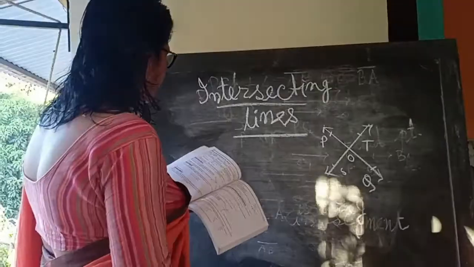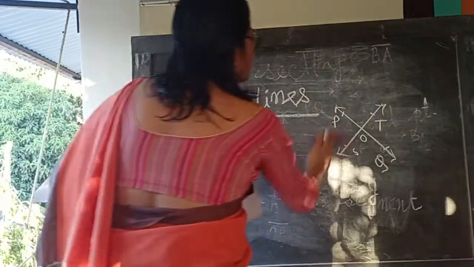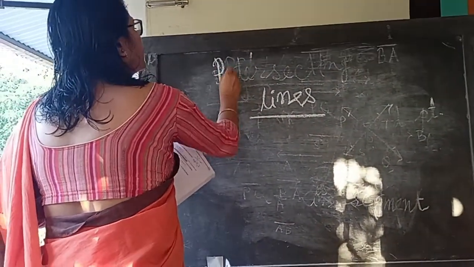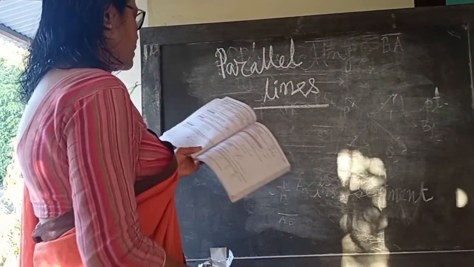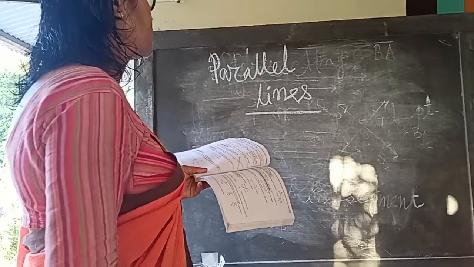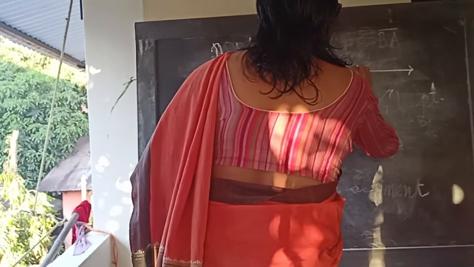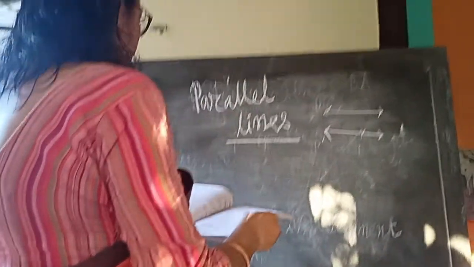Now we learn about parallel lines. Parallel lines are a pair of lines which do not intersect each other.